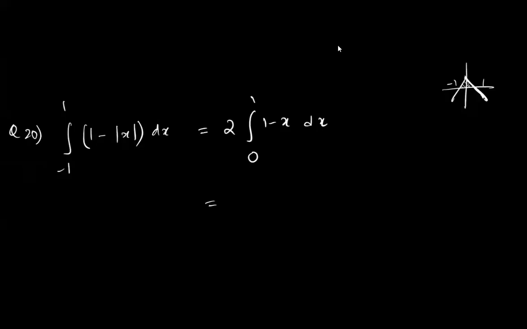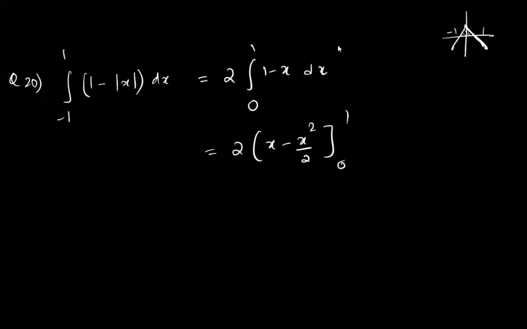We can just evaluate it using geometry also if you want, but we will just do it this way. We will have 2 times x minus x squared over 2, right? So which is 2 times 1 minus 1 half, which is 1 half times 2 is 1.